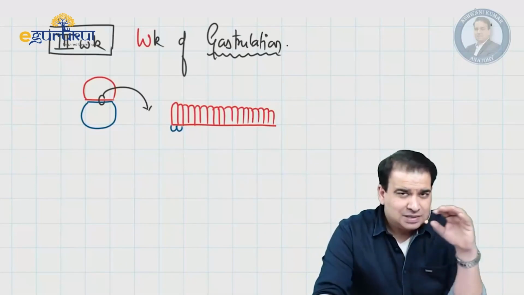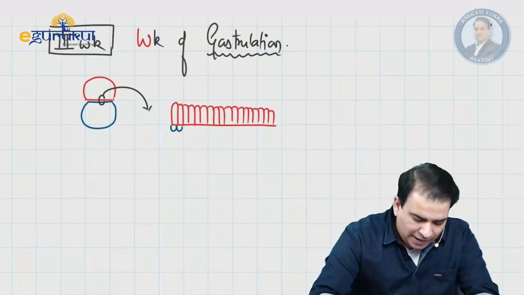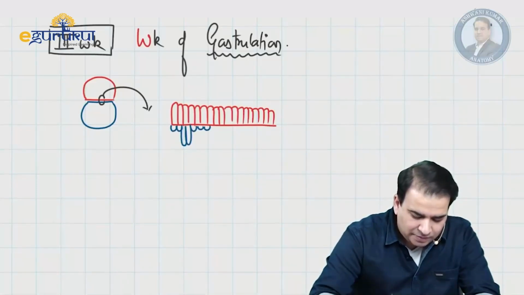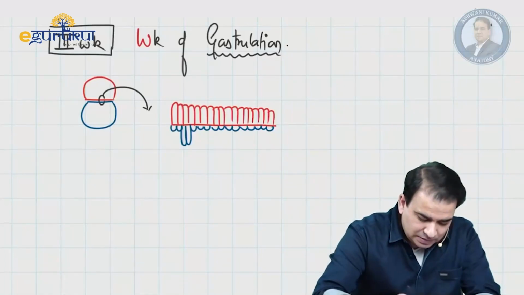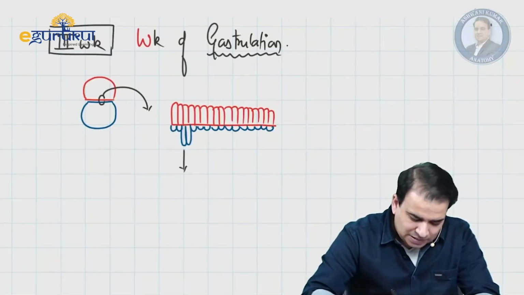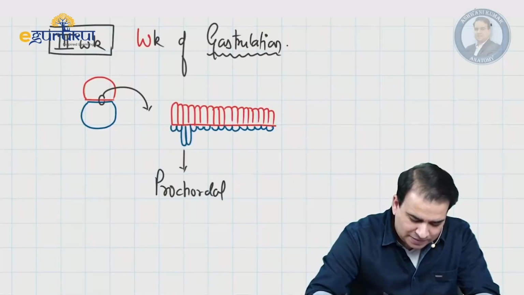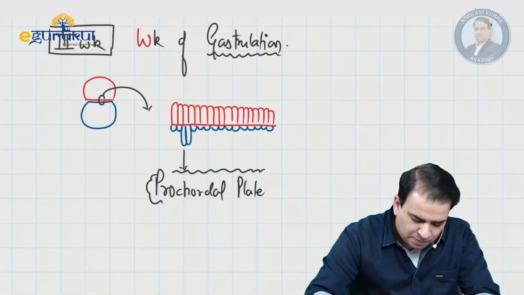So hypoblast cells are cuboidal, but what happens at one end of the embryonic plate is that some hypoblast cells get elongated. At one end of the embryonic plate, you can see the elongation of some hypoblast cells. And these elongating hypoblast cells give rise to the formation of a plate called the procaudal plate.